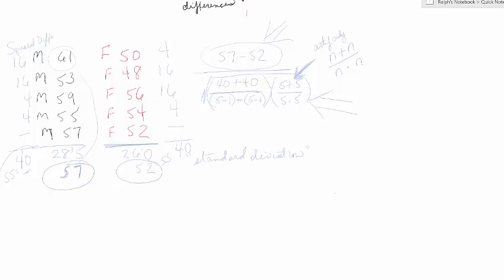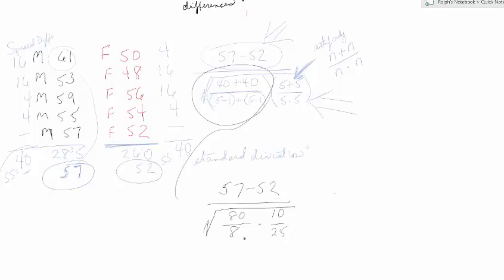So here we have the 57 minus 52 over the square root of 40. Now we're doing this here. 40 plus 40 is 80, divided by 5 minus 1 is 4, plus 5 minus 1 is another 4, so that's 8, times 5 plus 5 is 10, 5 times 5 is 25.